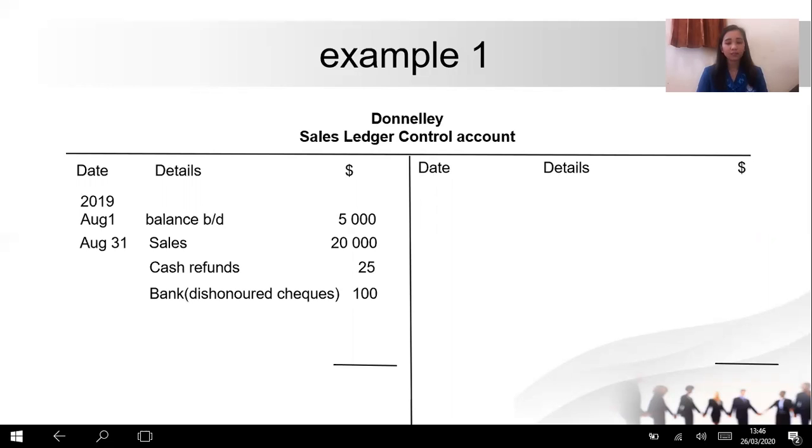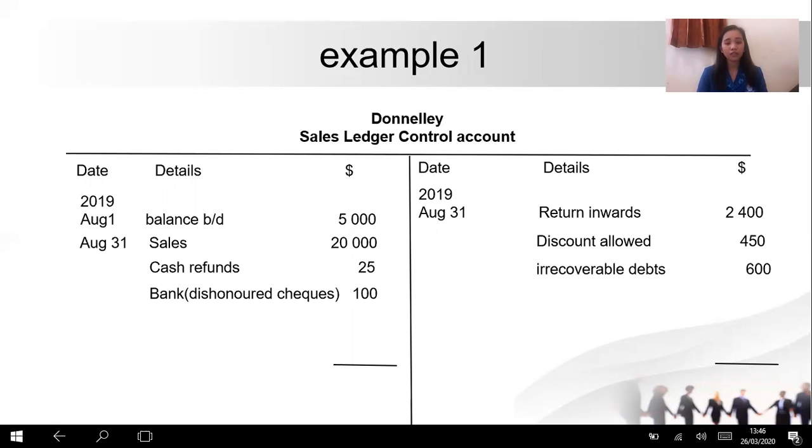On the credit side, we put return inwards 2,400, discount allowed 450, irrecoverable debt 600, cash 5,000, and bank 10,000. After we have posted all the transactions here, we find the total of them, 25,125.